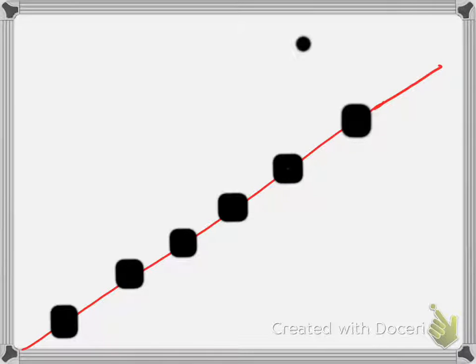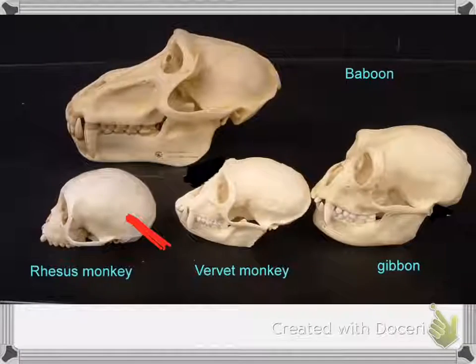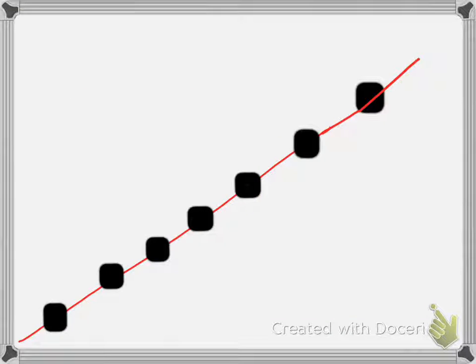Okay. So each one of these boxes represents a shared derived characteristic. And what we're showing on this cladogram is sort of the order in which these things appear as organisms evolve. So the thing that's shared by the most organisms here is a dorsal nerve cord. So I'm going to label this black box dorsal nerve cord.